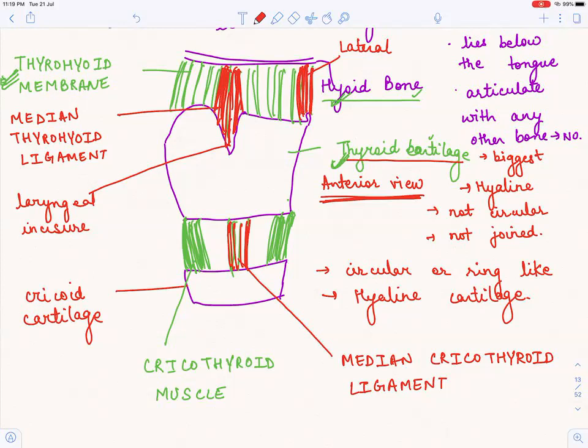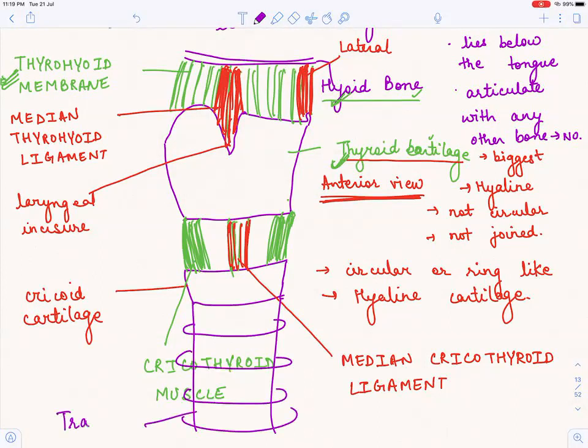There is the cricoid cartilage, and from below we can see the trachea with those rings. We'll study the trachea in the next lecture.